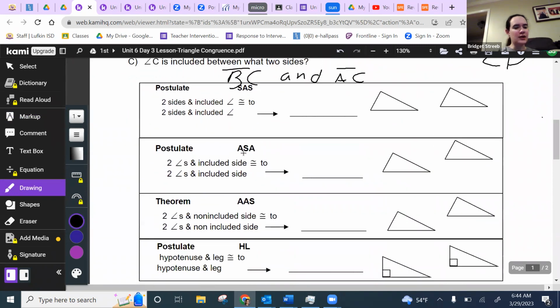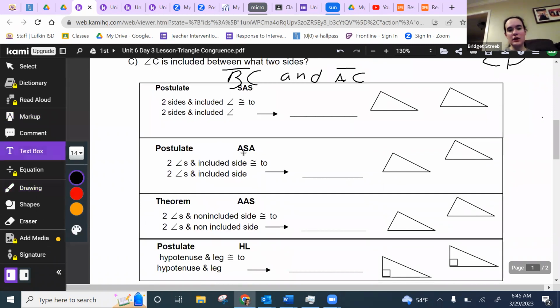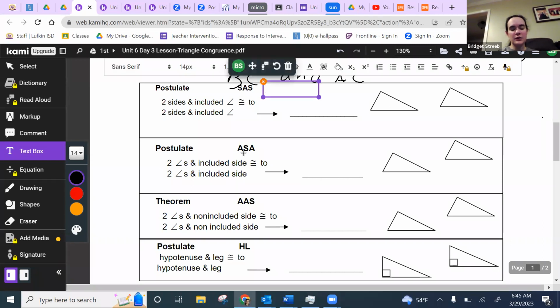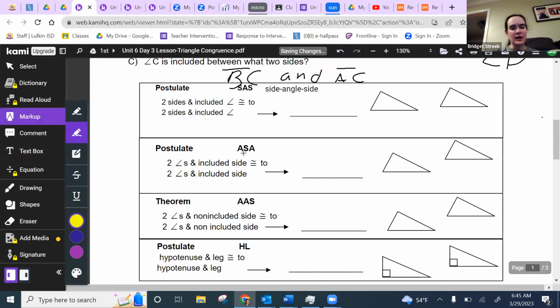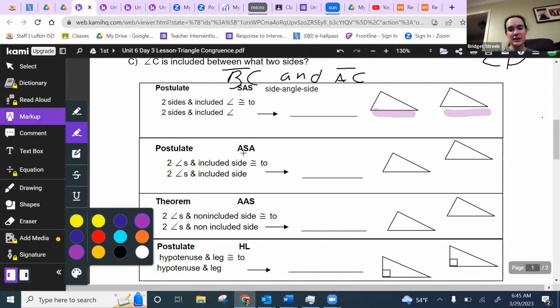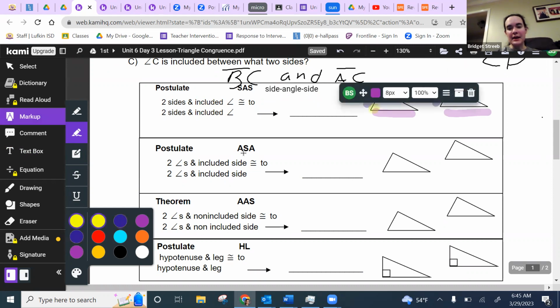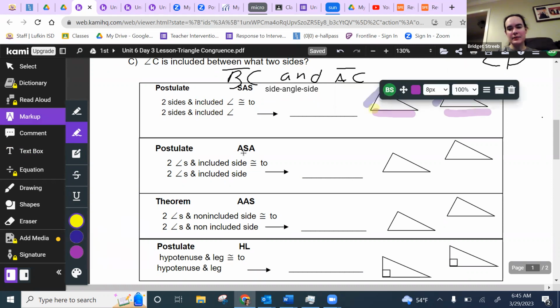And next up, we have our postulates and theorems that show that two triangles are congruent. The first one is side, angle, side. So we have two sides and the angle that's included. So we have one set of sides and we have a second set of sides and the angle that's being made by those two sides.